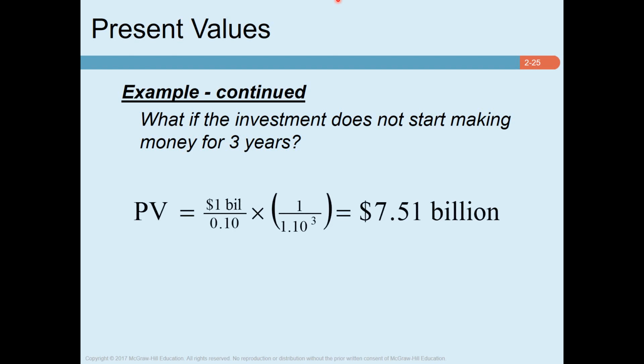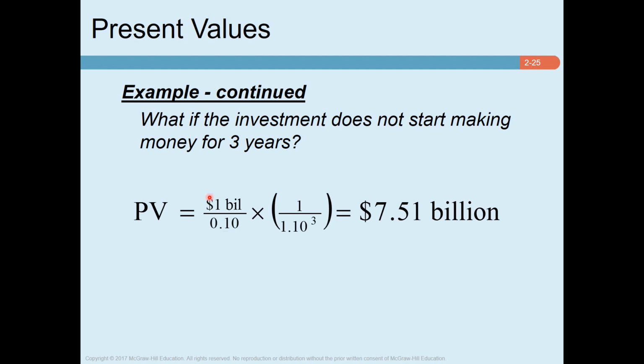So this is how we get the present value. We still have the same present value formula: periodic cash flow divided by discount rate. Okay, so this is the present value of the perpetual cash flow. However, this is the present value of the perpetual cash flow 3 years from now, because the cash flow starts after 3 years.